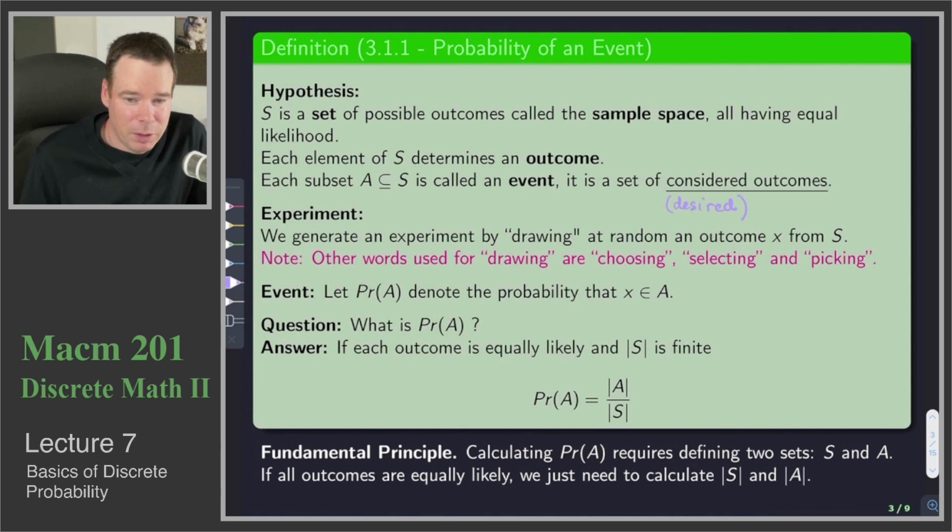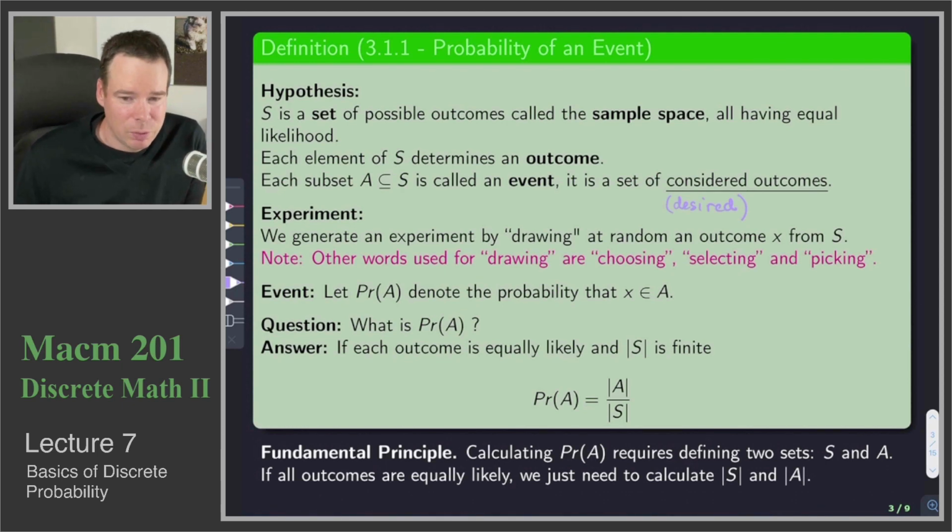We generate an experiment by drawing or picking or choosing or selecting at random an outcome X from S. And the probability that X, that outcome we selected from S, actually lives in A is denoted by Pr(A). So that's the probability that the outcome was an element of our event A. So we're interested in computing the probability of A. What is it?